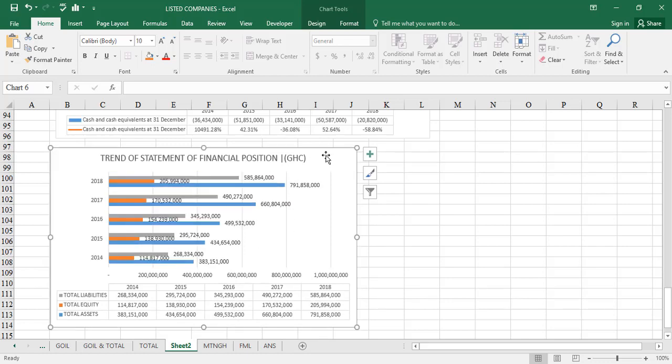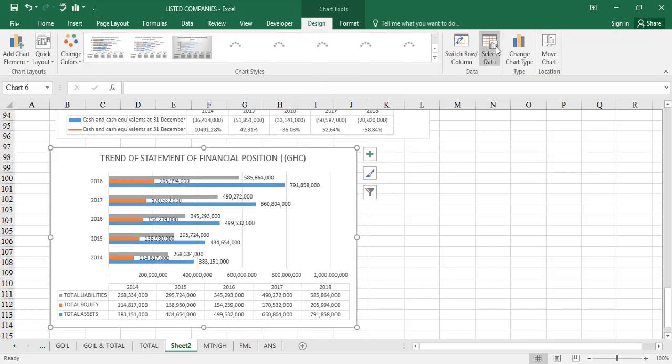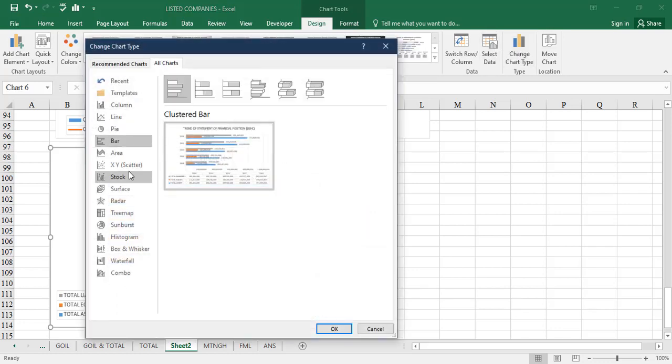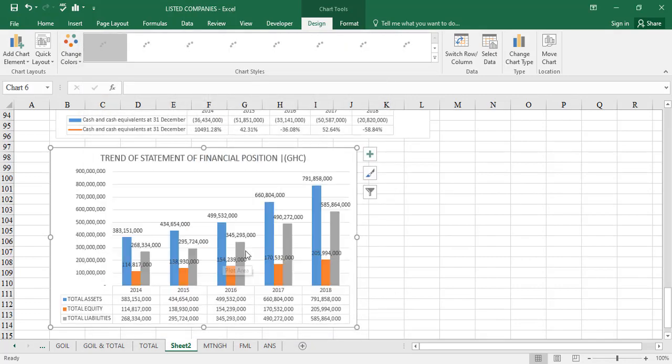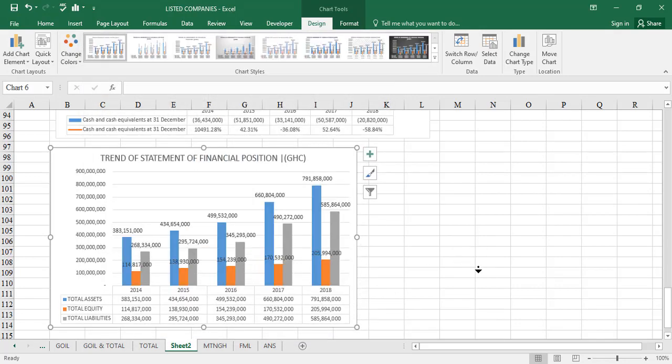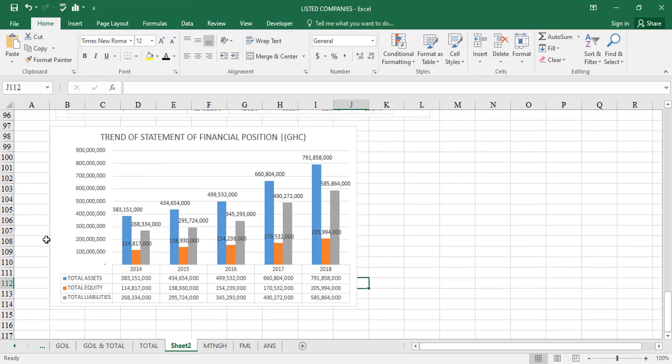So it looks like this chart is not really going to help us. Let's use our column chart. Okay, good. So this has been the trend of the company's statement of financial position from 2014 through to 2018.